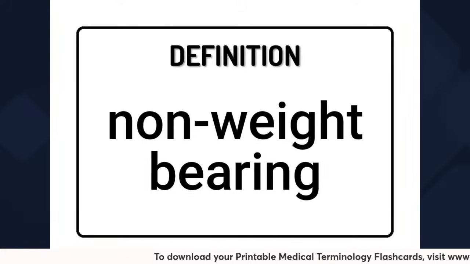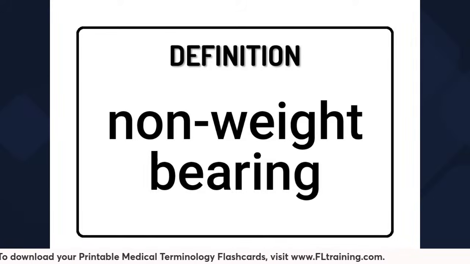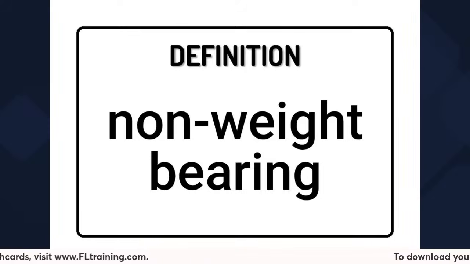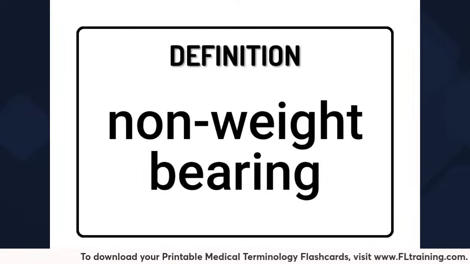NWB is non-weight bearing. So a patient after a hip surgery or a major orthopedic surgery may have an order for one or two of their extremities to be NWB, non-weight bearing.